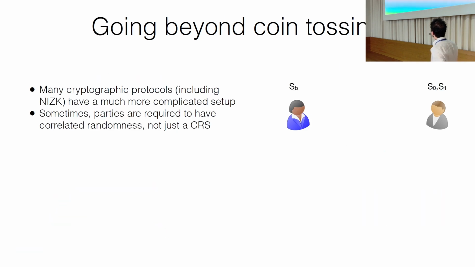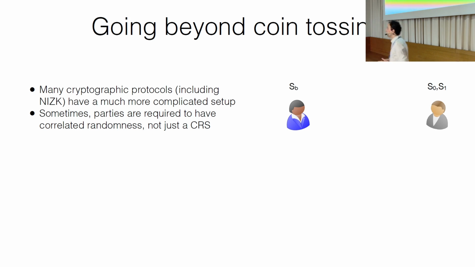And now the natural question would be to ask: okay, NISIC protocols have CRSs that look like random bit strings, but in MPC and also in zero knowledge, we sometimes have much more complicated setups. For example, this is a very common setup, where parties share this OT correlation. Okay, they have some correlated randomness.